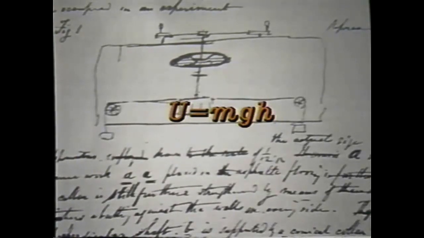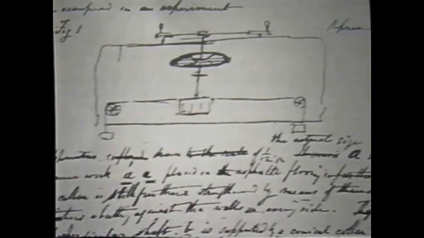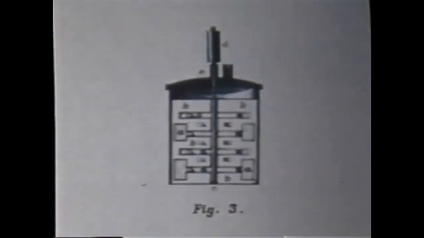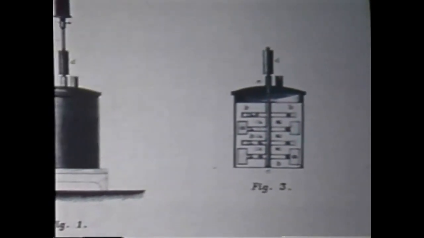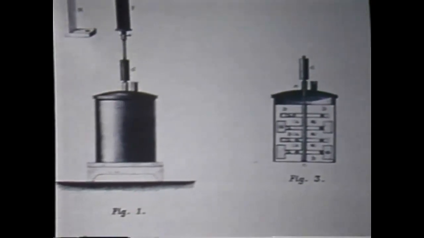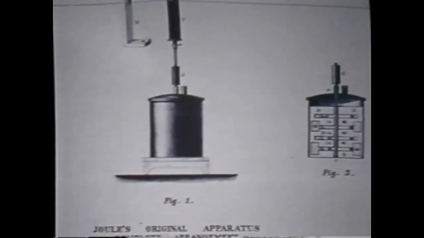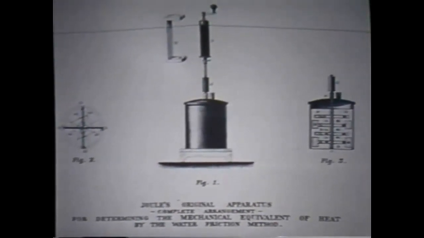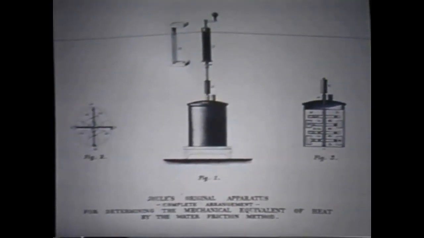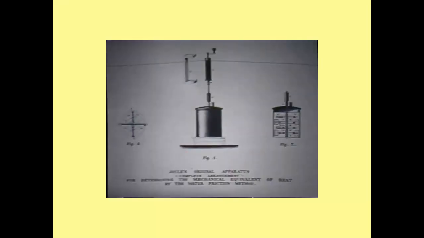Joule arranged to have falling weights turn paddle wheels inside a carefully insulated container of water. Then, he measured the water's temperature. In this way, Joule showed that a given loss of potential energy always turns into precisely the same amount of heat. So the total amount of energy did not change.